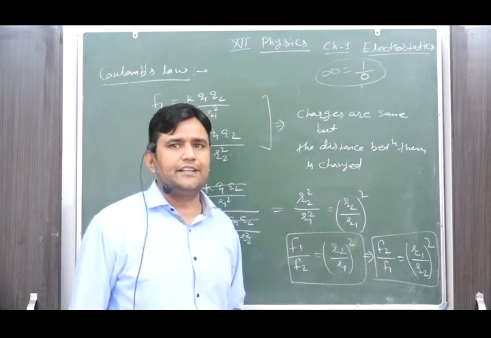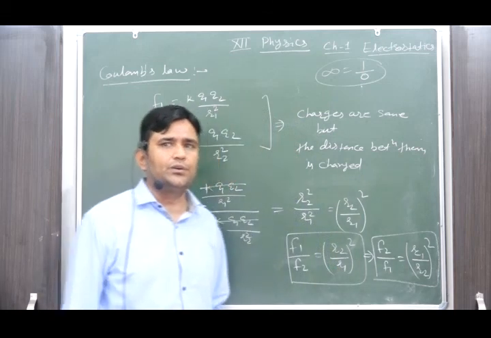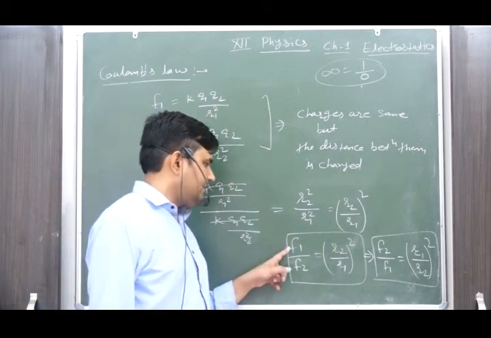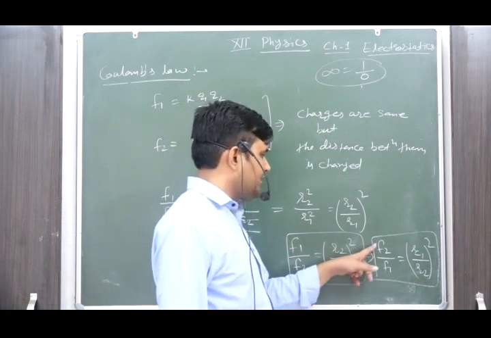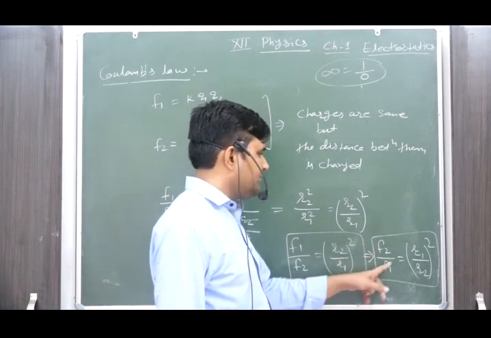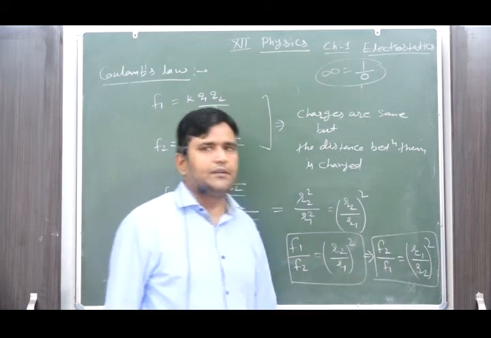In this kind of question there is no need to solve the entire formulation. We can directly conclude F1 upon F2 equal to R2 upon R1 whole square, or F2 upon F1 equal to R1 upon R2 whole square.